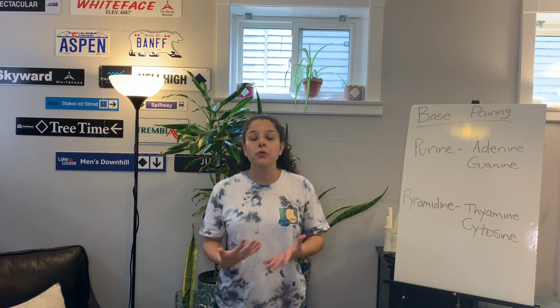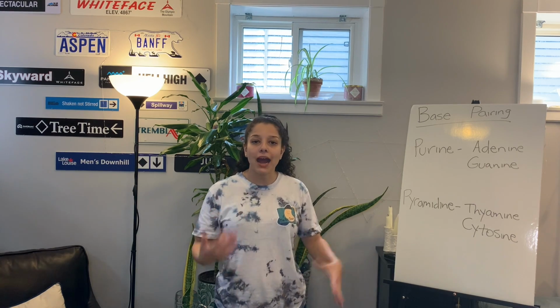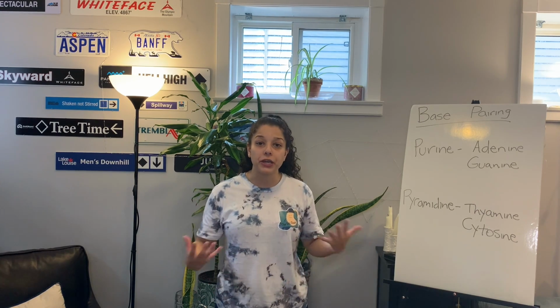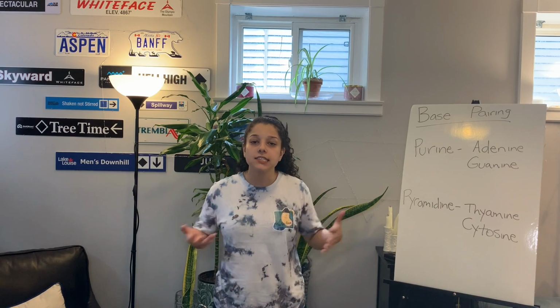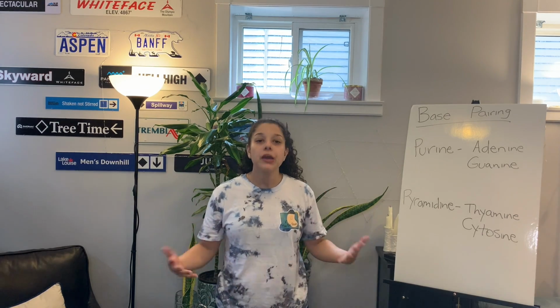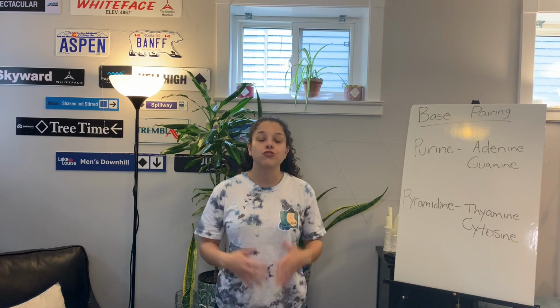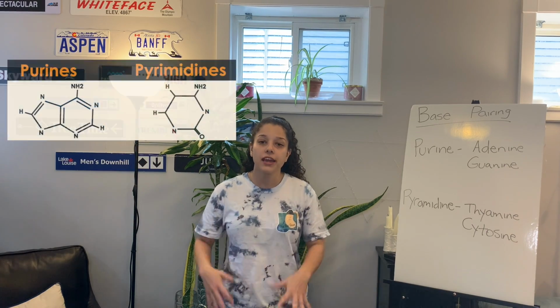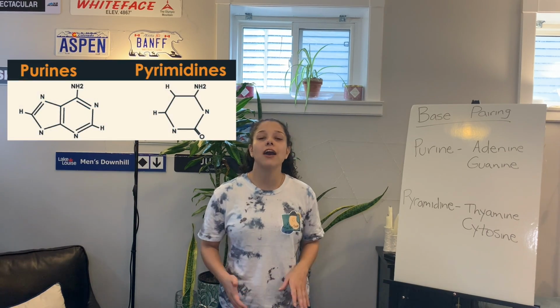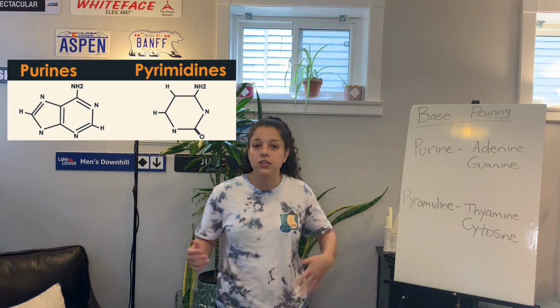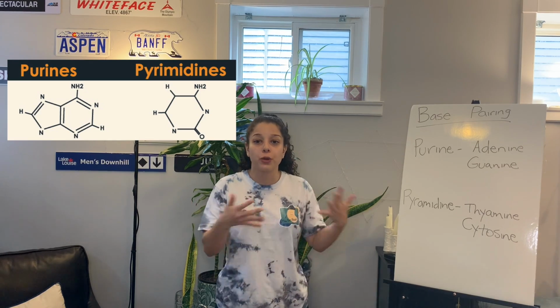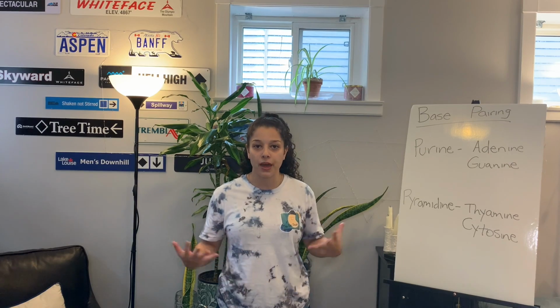And those 4 are broken up into 2 groups. Adenine and guanine are part of the purine group, and thymine and cytosine are part of the pyrimidine group. These are grouped based on the structure of the actual molecules. Pyrimidines only have a single ring of carbons, whereas the purines contain 2 rings of carbon. So that is why they're grouped that way.